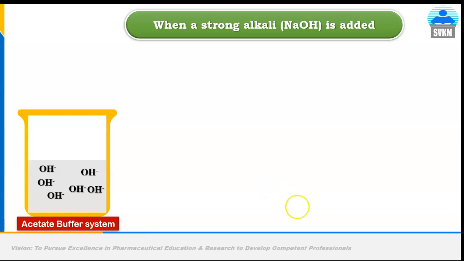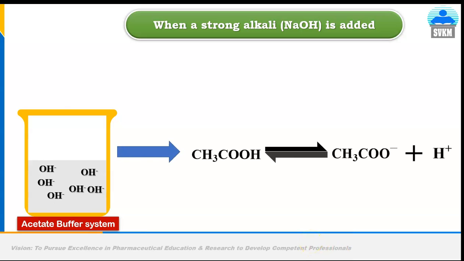At that time, the acid of the acetate buffer system, acetic acid, dissociates into acetate ion and proton.